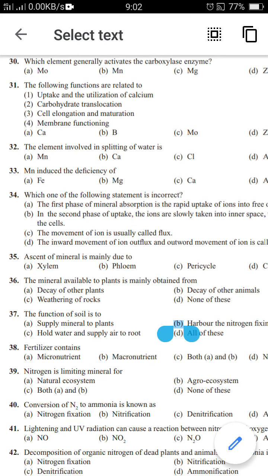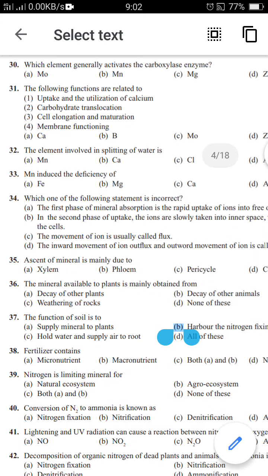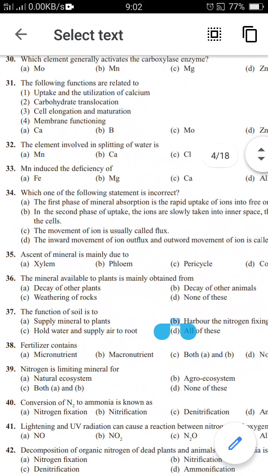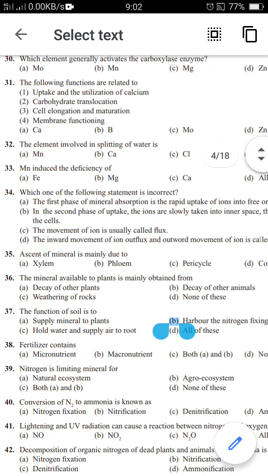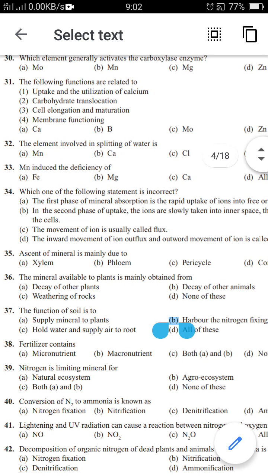The following functions are related to: first, uptake and utilization of calcium; next, carbohydrate translocation; next, cell elongation and maturation; next, membrane functioning. Now let us see the options.